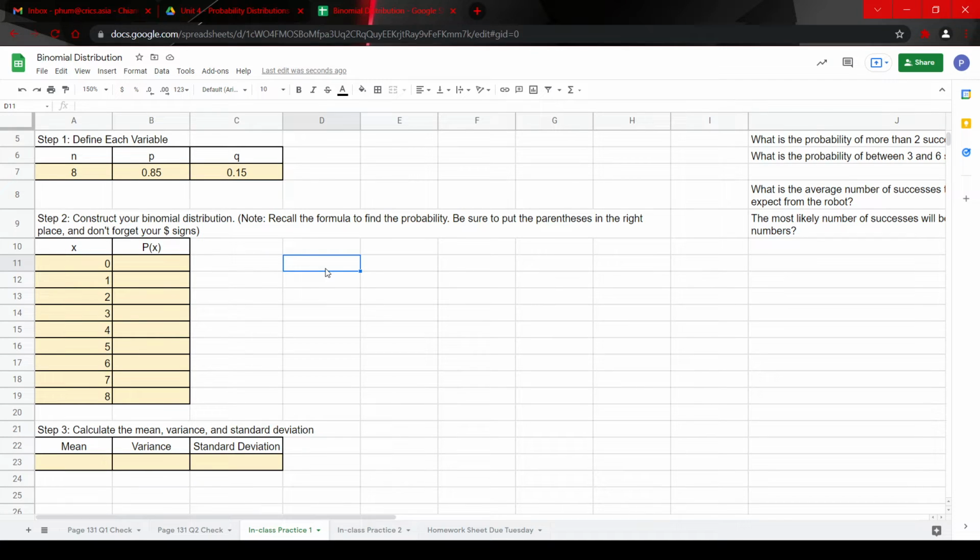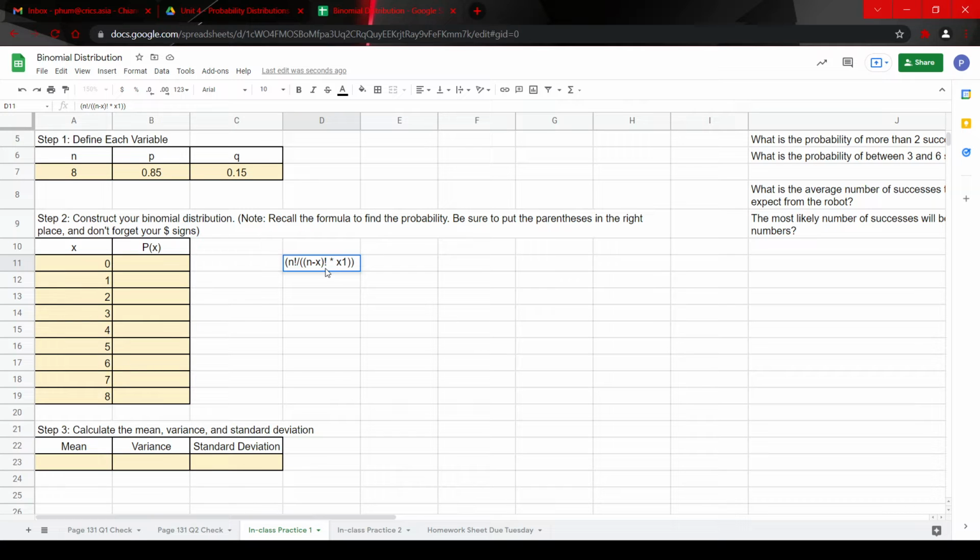Recall that the formula, you should have it written in your books, is n factorial divided by (n minus x) factorial times x factorial. So this is the first part.